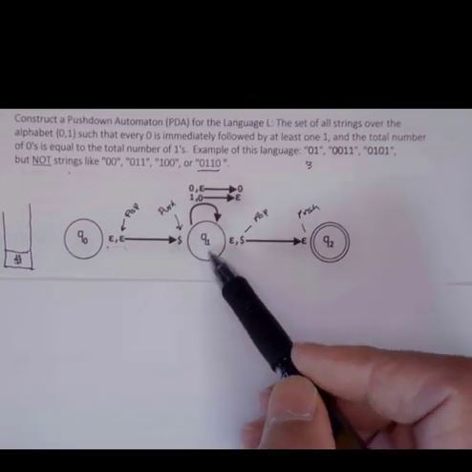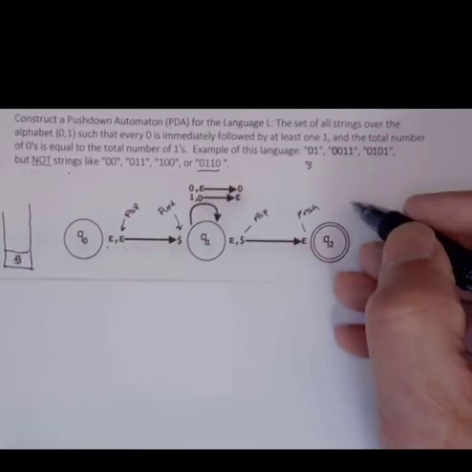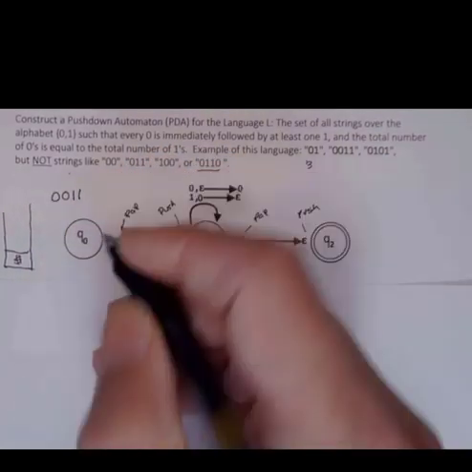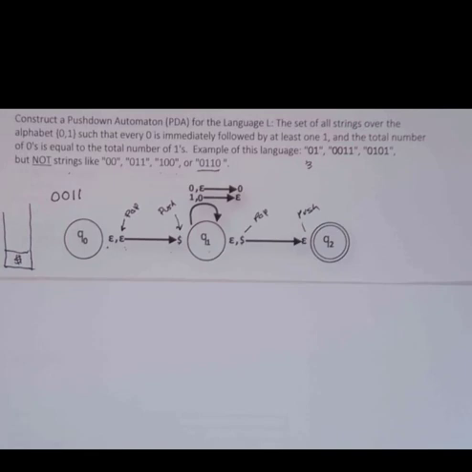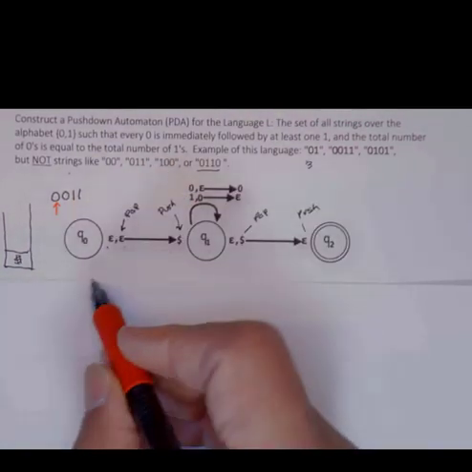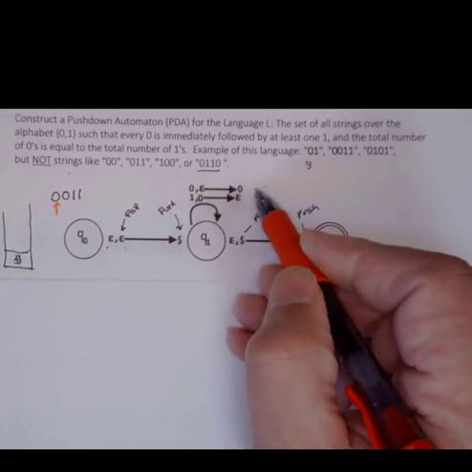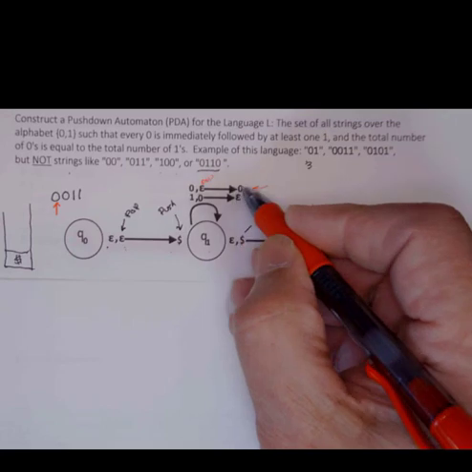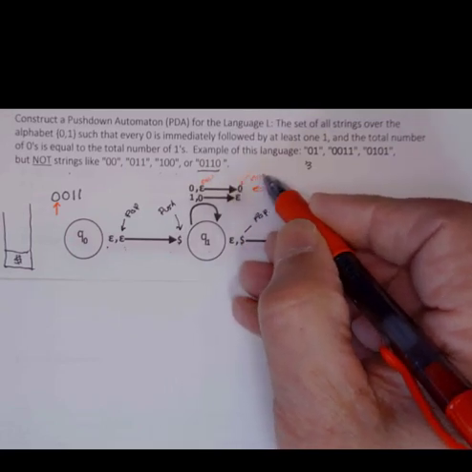And then in the second step here, let's take an example string. Let's say our string is 0 1 1. As soon as we read the 0 here, as you can see, we're going to pop an empty string and push the 0.